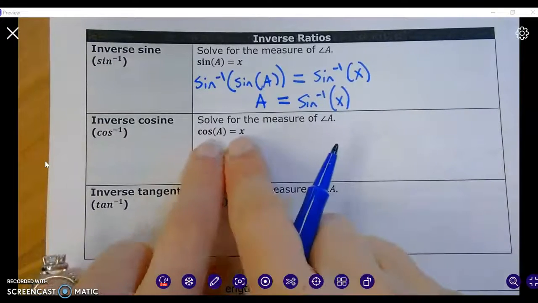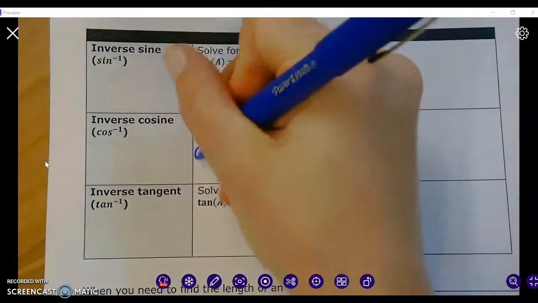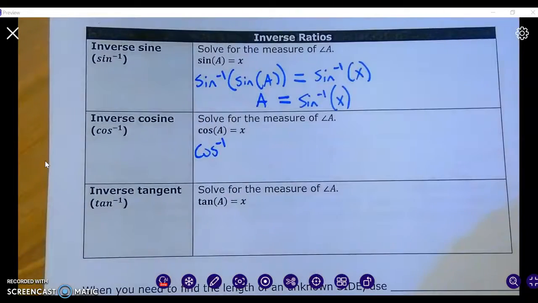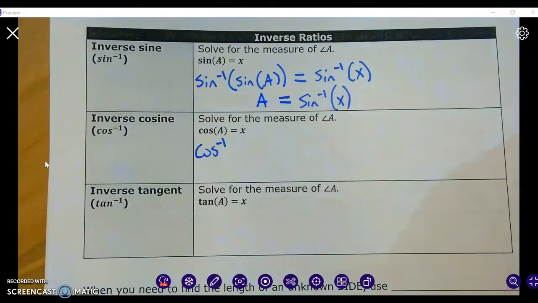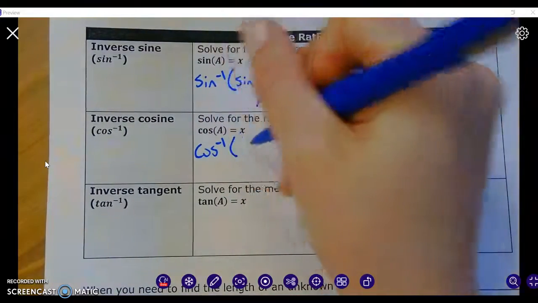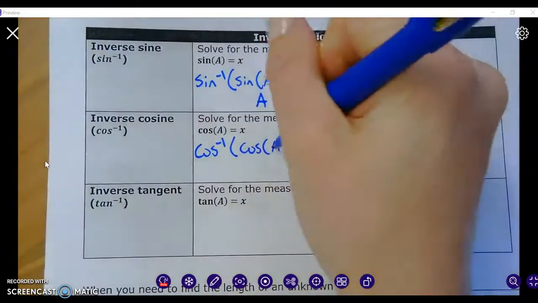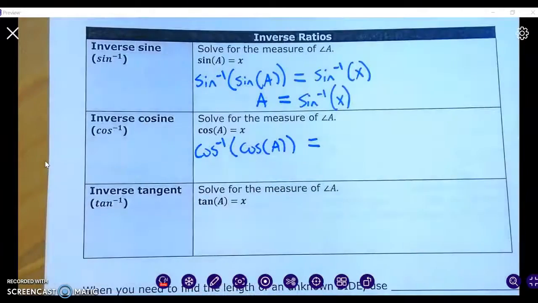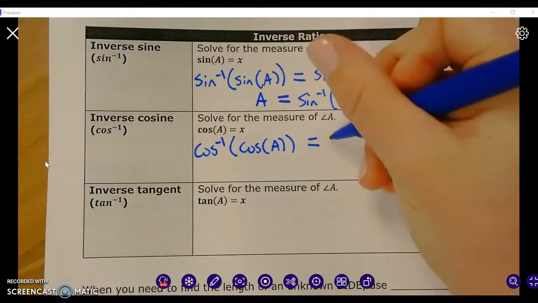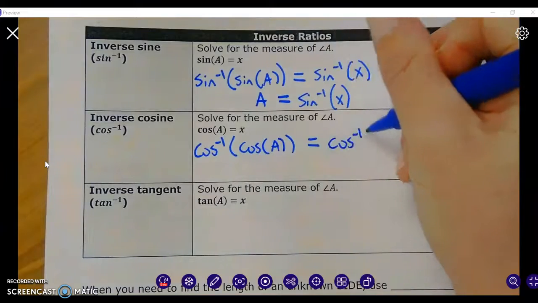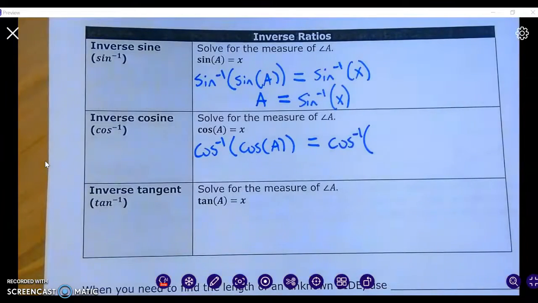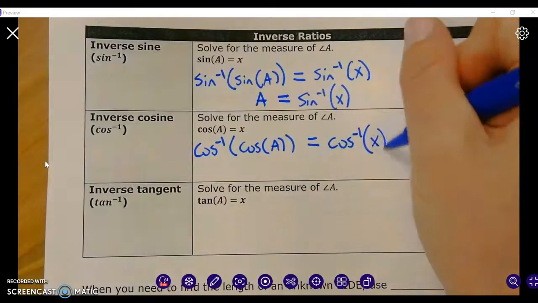Okay, so the same thing will happen for cosine. We'll take the cosine inverse of what was there on the left, so cosine of A, and then also take the cosine inverse of the other side, so whatever was already there, so x.